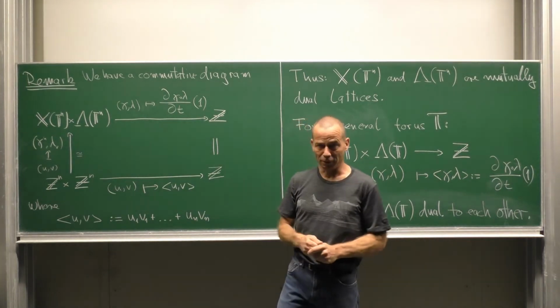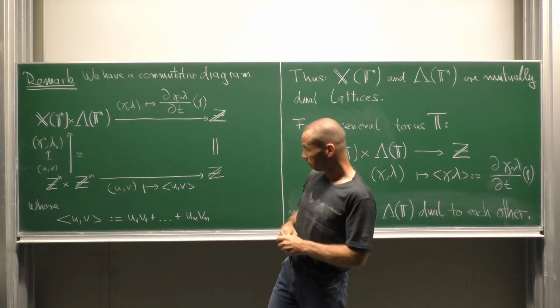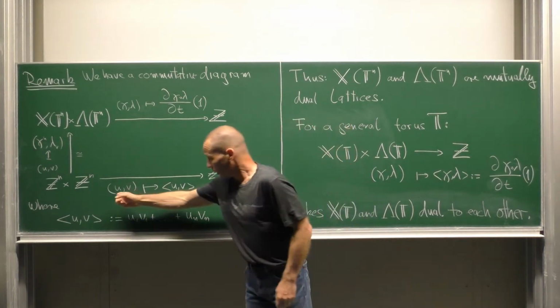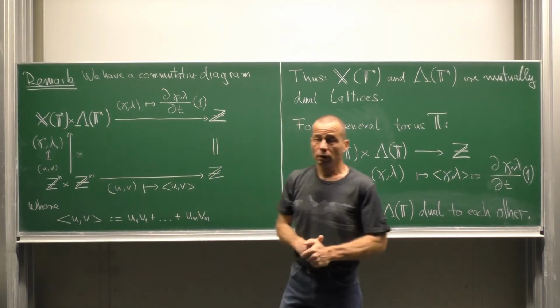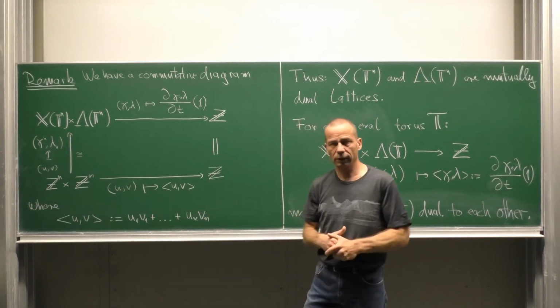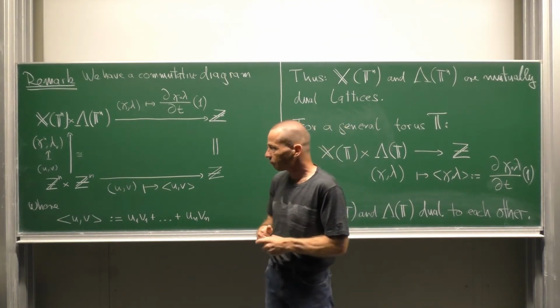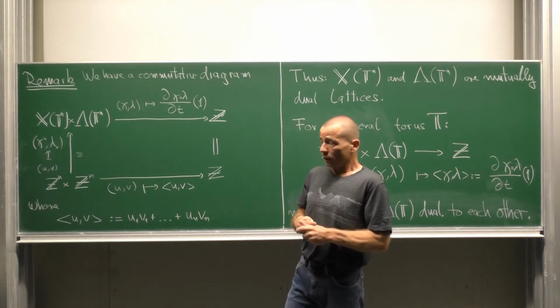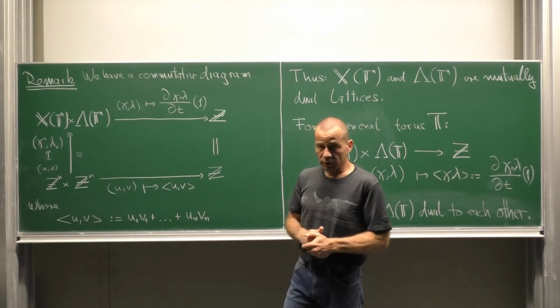What happens in the lower row of this diagram? Here a pair u, v from Z^n times Z^n is just sent to the standard scalar product. Now, this diagram is commutative.